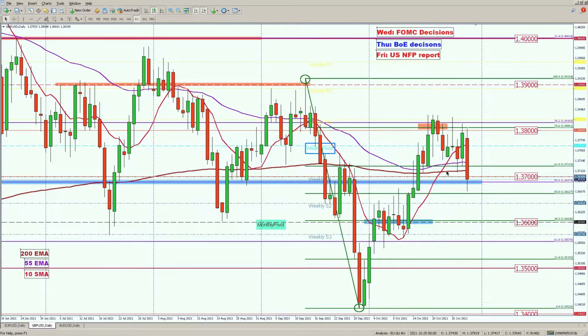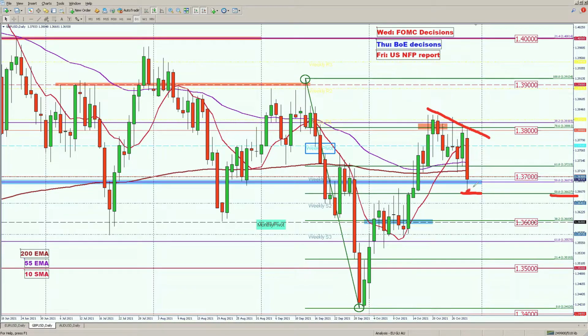So the support was at the 50 retracement of this swing move back up to hit the 78.6 and then pull back down to the 50 fib area. So you can see a lot of spikes and it was unable to break out higher. So it did delay the inevitable pullback lower.